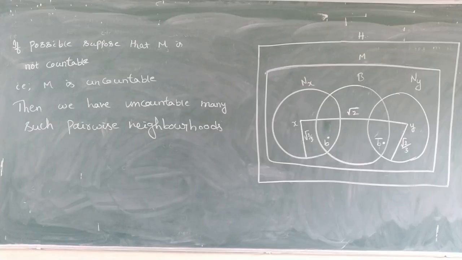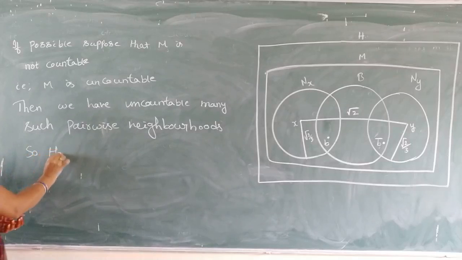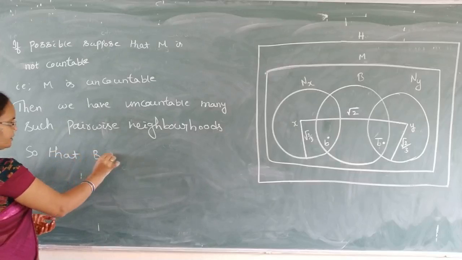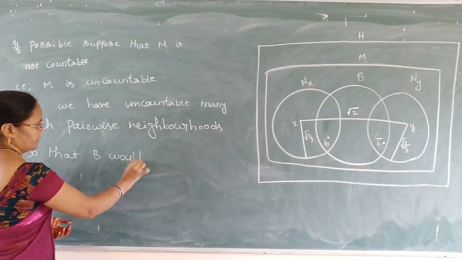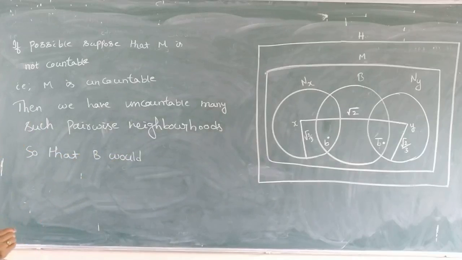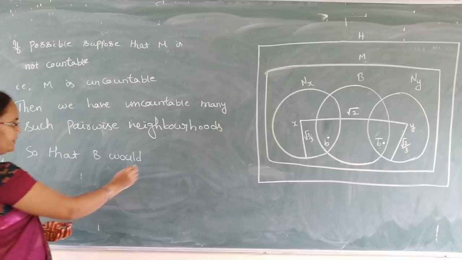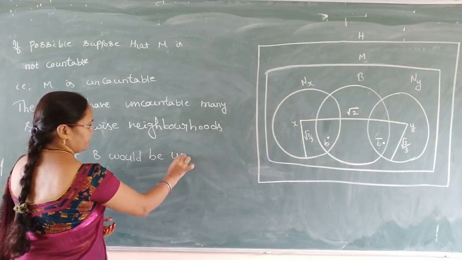Then all these neighborhoods are for pairwise elements. So the neighborhoods are uncountable, meaning to say B is uncountable. So our next line is, so that B would be uncountable.